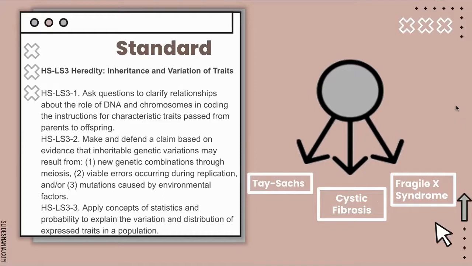So specifically, we're going to look at inheritable genetic variations. Instead of focusing on just one type of genetic combination, we're going to give students a choice and say, would you rather focus on Tay-Sachs, cystic fibrosis, or Fragile X syndrome? There are obviously a lot more that students could choose from, but we're just using this specific example.